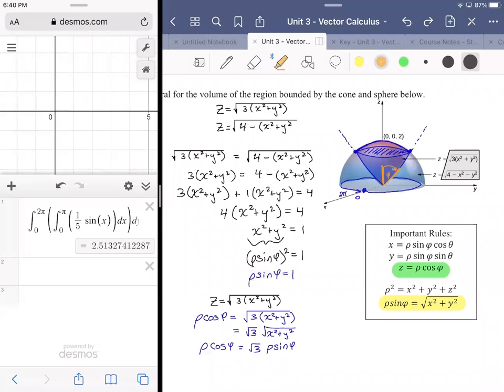Another thing I could do is consolidate the sine and the cosine with one another so that they become a tangent.